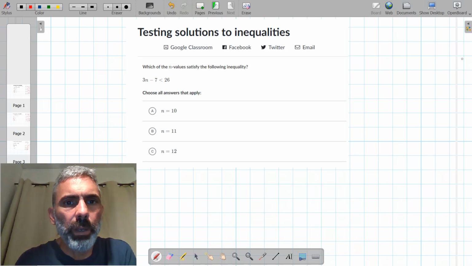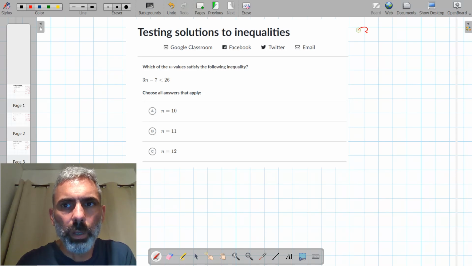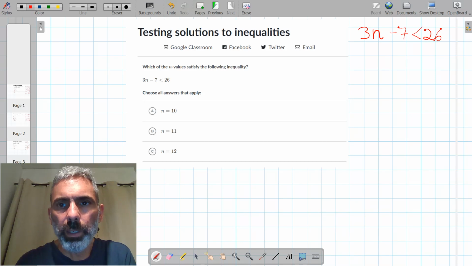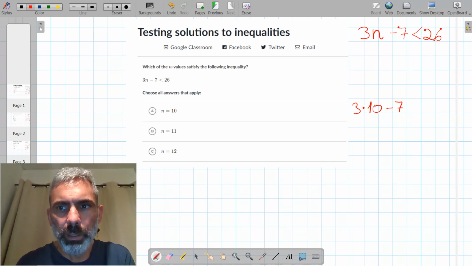Which of the n values satisfy the following inequality? Okay, so 3 times n minus 7 is less than 26. So in option A we need to plug in 10 instead of n. So 3 times 10 minus 7 is less than 26.